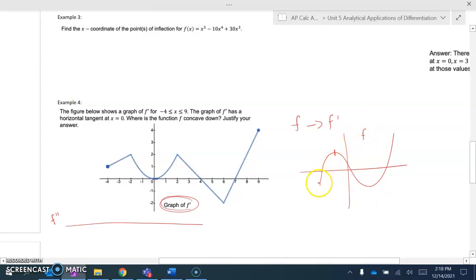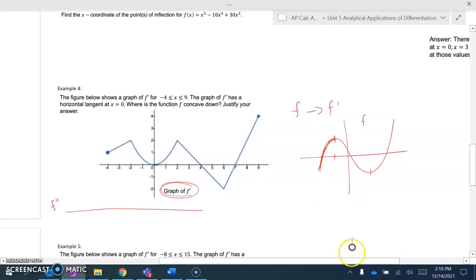This is the graph of f. We would say that the slopes are positive on this region, so that means that f prime would be above the x-axis. And then we would say, here my slopes are negative, so f prime would be negative, which would correspond to values below the x-axis. So let's use a similar analogy here to go from f prime to f double prime.